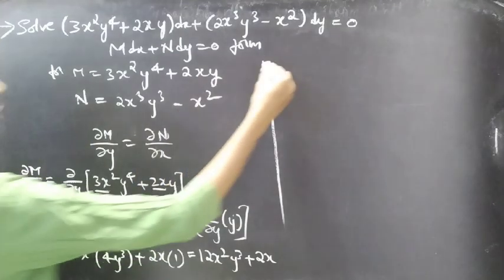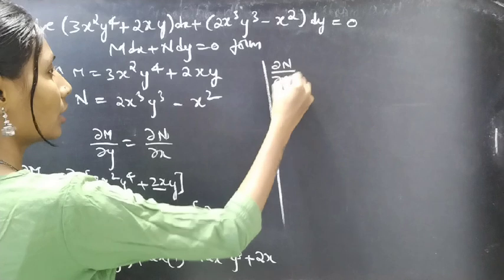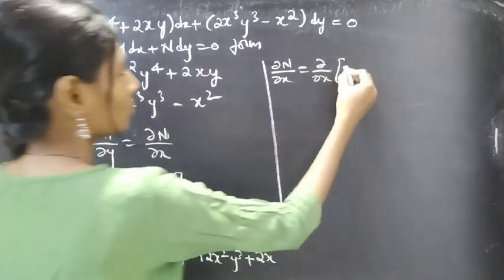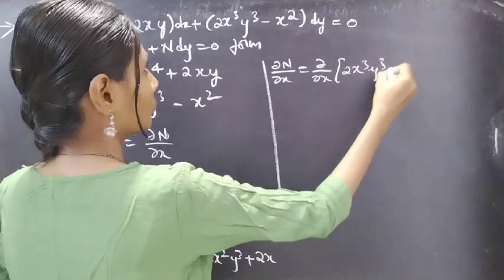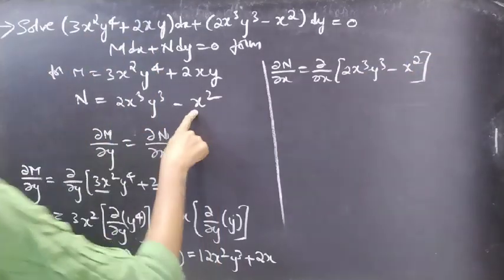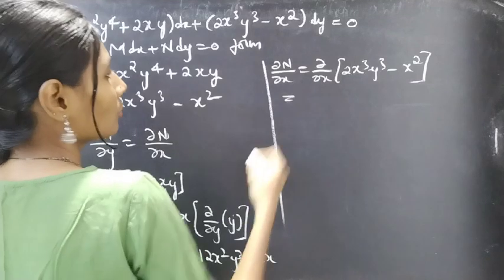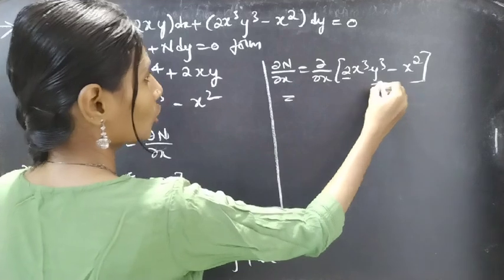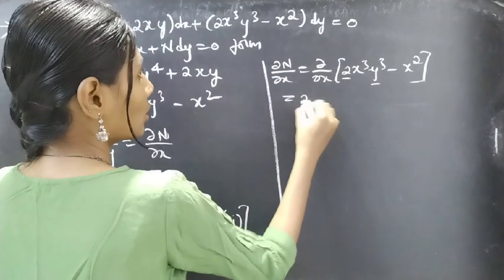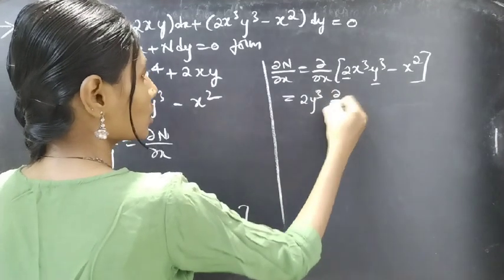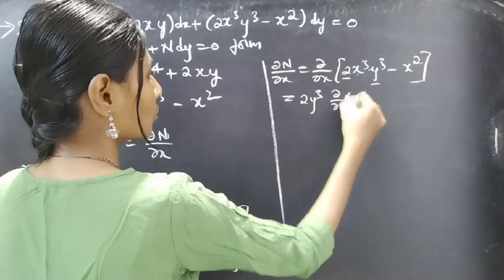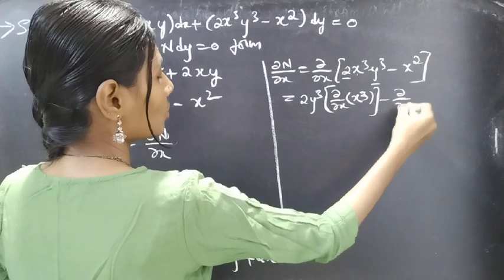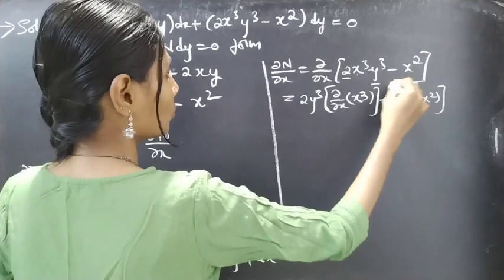Let's now find the partial derivative of N with respect to x. For N = 2x³y³ − x², right? Here we need to find the partial derivative with respect to x, so we'll treat y as constant. In the first term 2y³ is constant, so we'll write it as 2y³ into the partial derivative of x³ with respect to x minus the partial derivative of x² with respect to x.